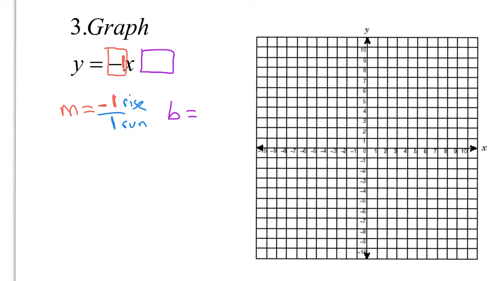It's empty. Some people say that we do have a plus 0, which is mathematically correct, but just remember, it's no number, no value. So my y-intercept will be 0. So that's going to be the origin because the y-axis at 0 is the origin.